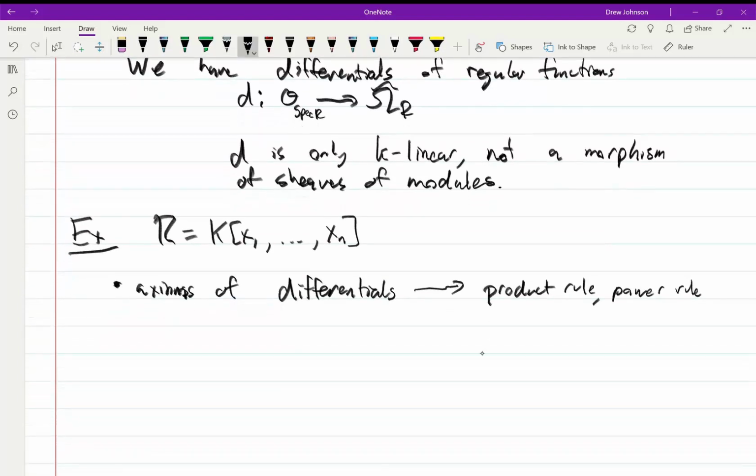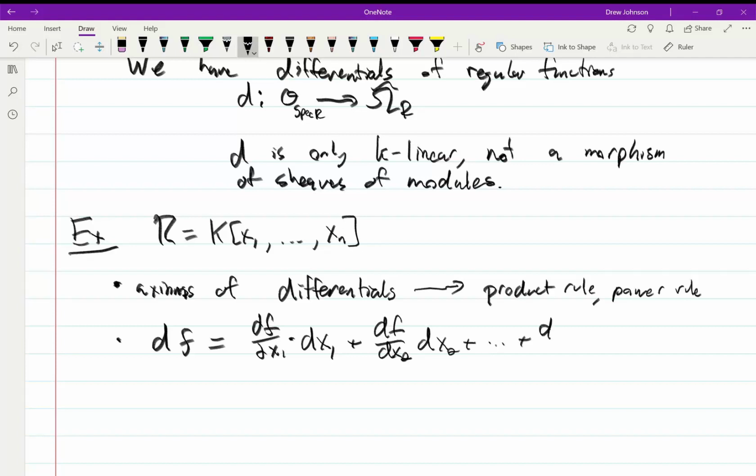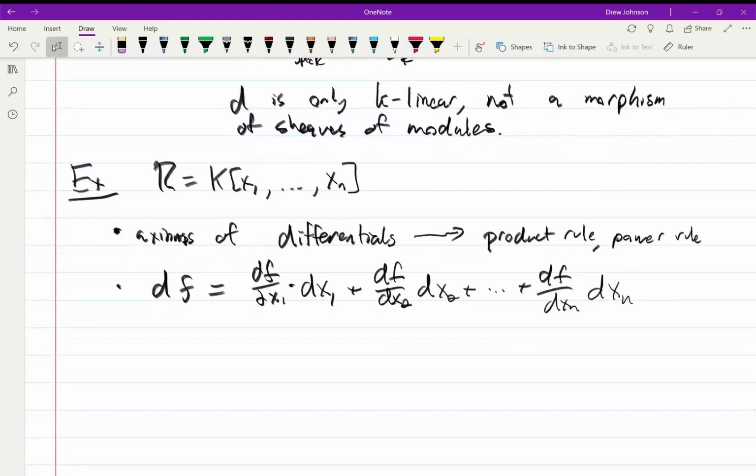So for example, df will just be (df/dx1) dx1 plus (df/dx2) dx2 plus dot dot dot, up to the end. Okay, so if you just apply the rules over and over again, you can reduce it down to this until you just have dx1, and then there's no rules to apply here, right?